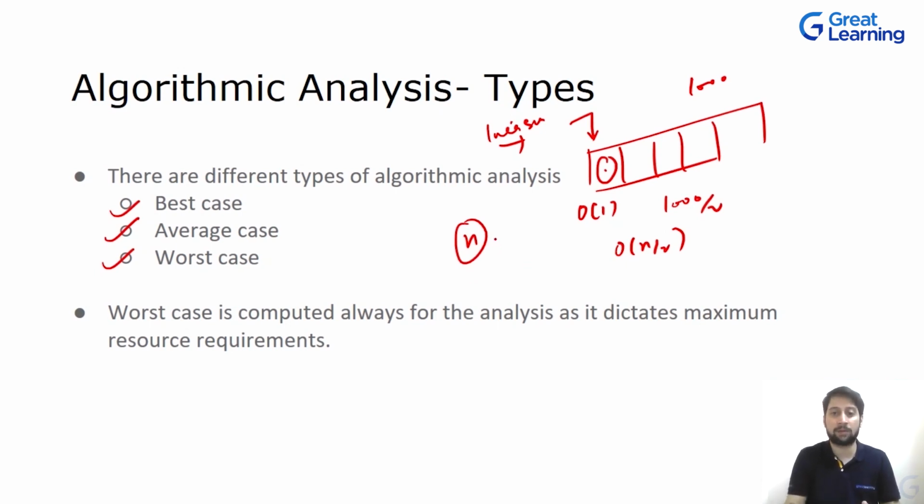At that time, dividing by 2 is still greater than what we can do if we have something around log n. So obviously the average case is still big O of n.